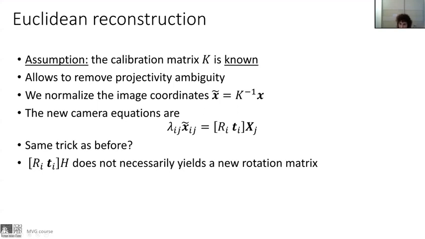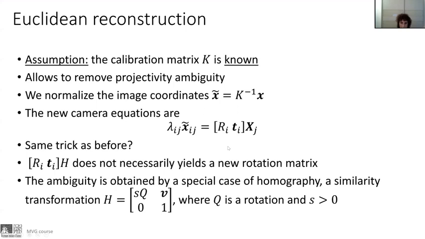But in the last slide we had P, and P is exactly R and T, no? In the last slide, we had P times Xj, whereas P is exactly this, R and T, isn't it? Yes, P is R and T in the Euclidean space. So why before didn't we say that we can't put an H because it destroys the rotation?